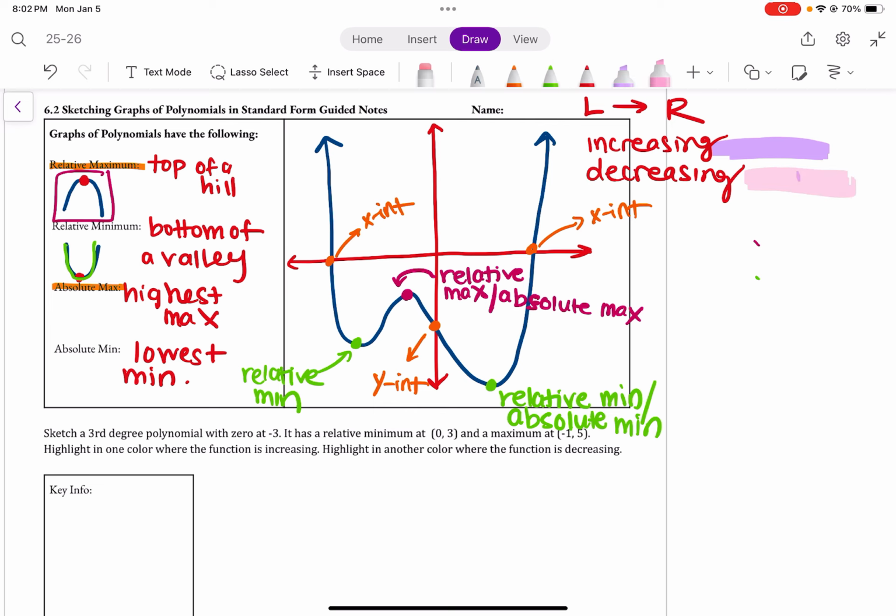We're starting with the left side, over here. If we trace the graph, we start by going down. So we start by decreasing until we hit the relative minimum. Then we're increasing. Then we're decreasing. And then lastly, we will be increasing all the way till the end.